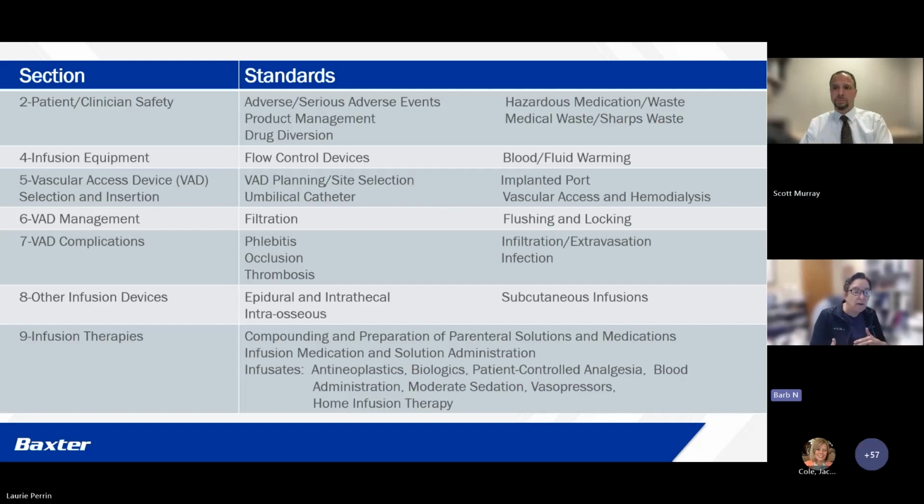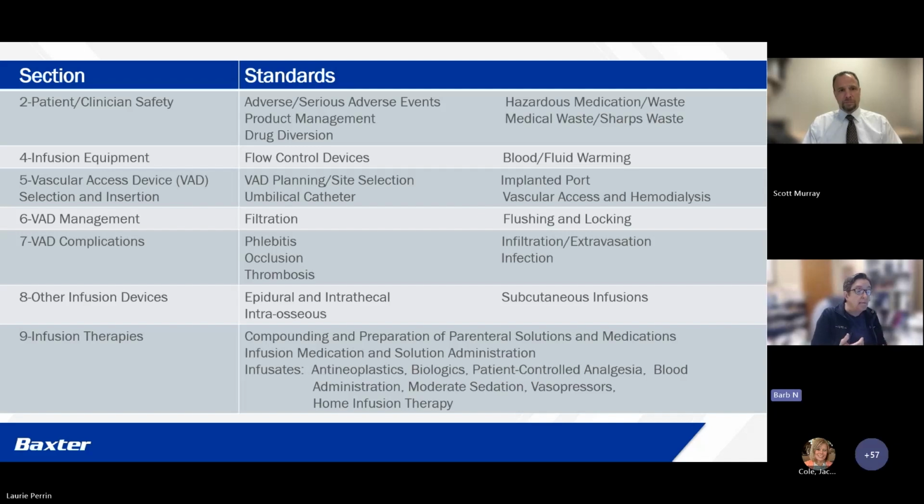And so some of the standards that really apply both to pharmacy and nursing: serious adverse events, product management, drug diversion, which was a new standard in this edition, hazardous meds, medical waste, infusion equipment, meaning flow control devices, and not just the dose error reduction smart pumps, but really how do they deliver safe care even when they don't have access to pumps.